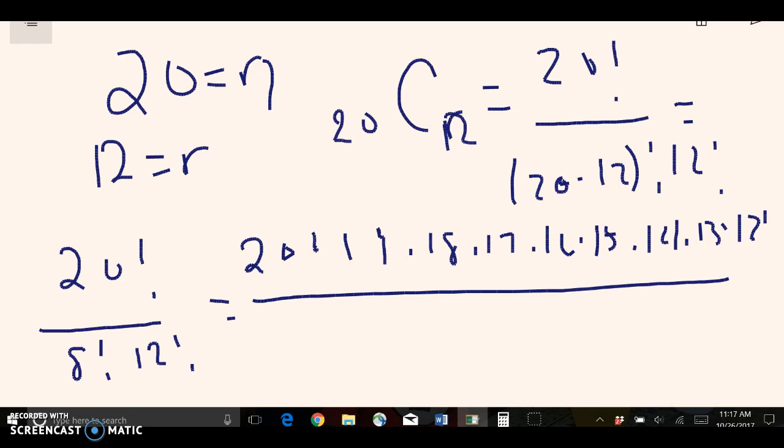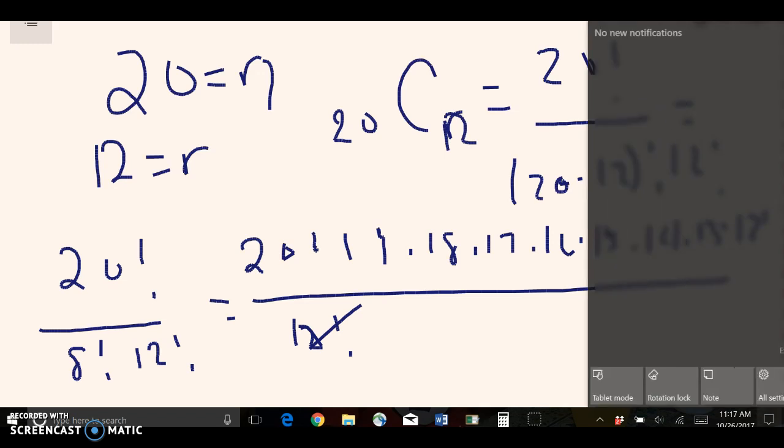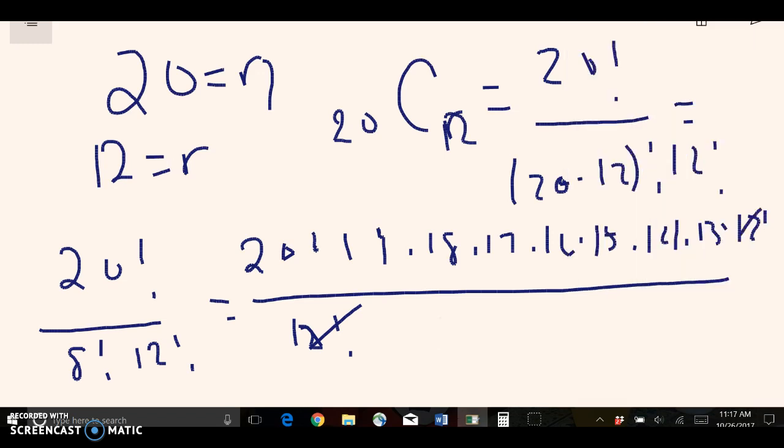I'm going to go ahead and cross that out. But I have this 8 factorial that I need to write all the way out: 8 times 7 times 6 times 5 times 4 times 3 times 2 times 1.